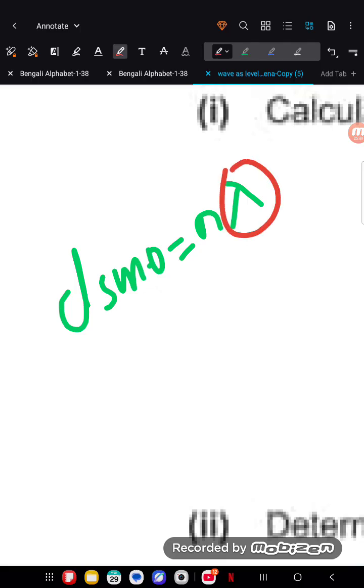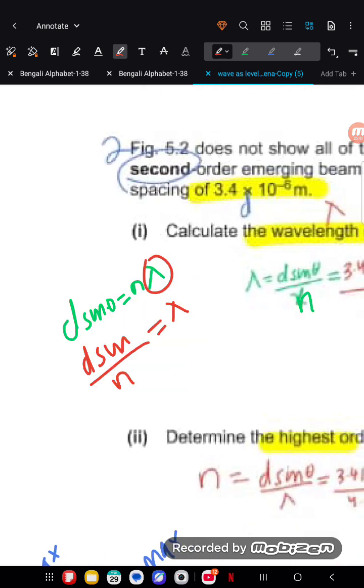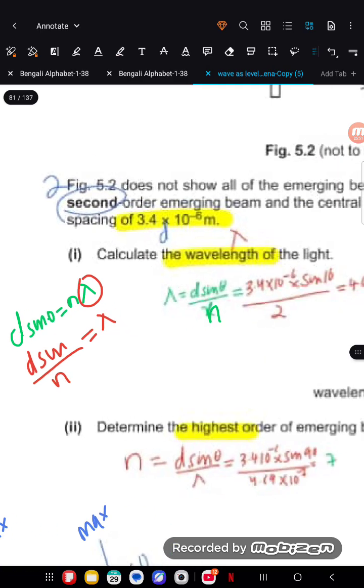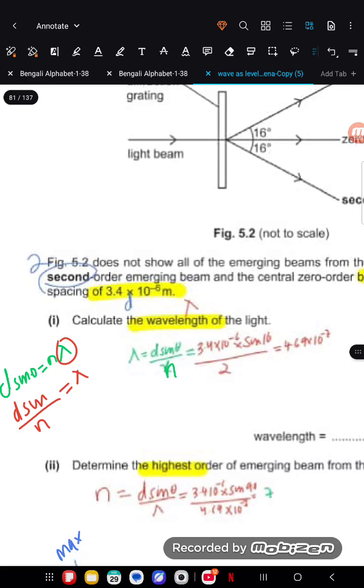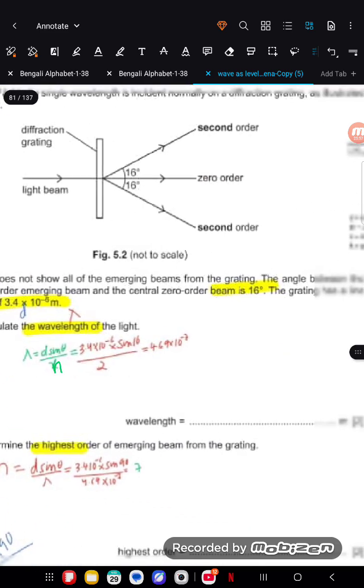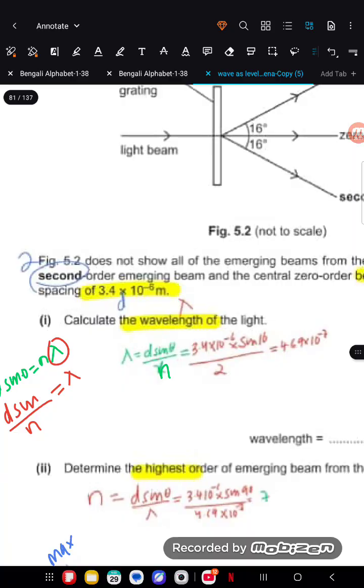We'll make the wavelength the subject, so it will be d sine theta divided by n, the number of order. So d you have, right? D is given here, the grating has a line spacing of 3.4 into 10 raised to 6.